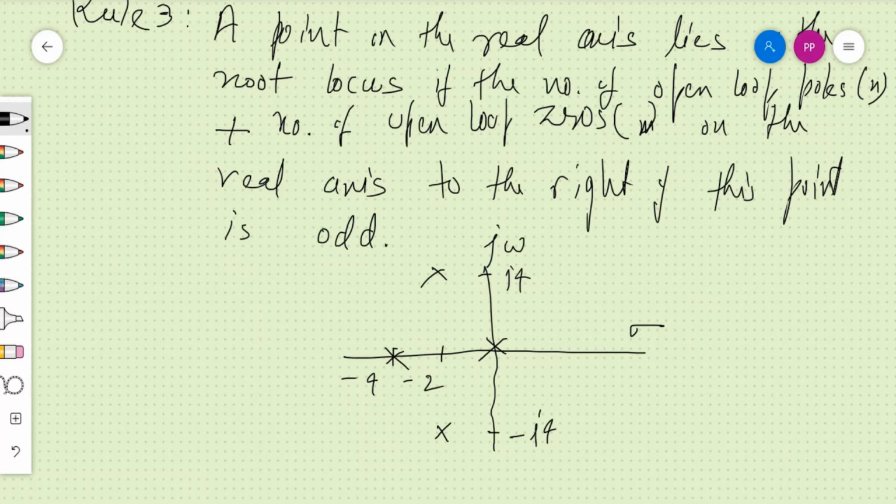So this portion of the root locus is there on the real axis because the number of poles plus zeros on the right of -4 is always an odd number up to the pole at s equal to 0, because beyond s equal to 0 there are no poles, so that is an even number. So we draw like this. This includes rule number 3 as well as the symmetry, and rule number 1 is also followed over here.